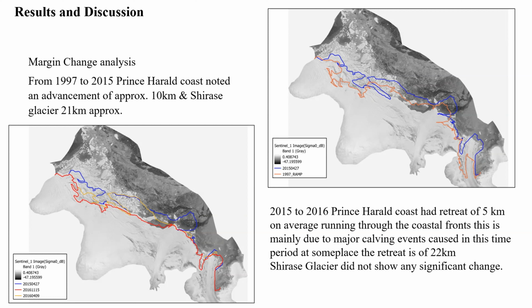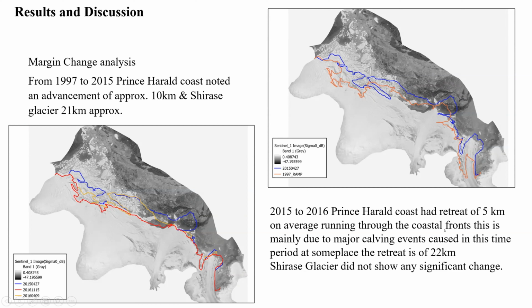With the results and discussion, first was the margin change analysis. From 1997 to 2015, Prince Harald Coast noted an advancement of approximately 10 kilometers, whereas Shirase Glacier was 21 kilometers. But from 2015 to 2016, it has retreated. Prince Harald Coast retreated by 5 kilometers on average along the coastal front.